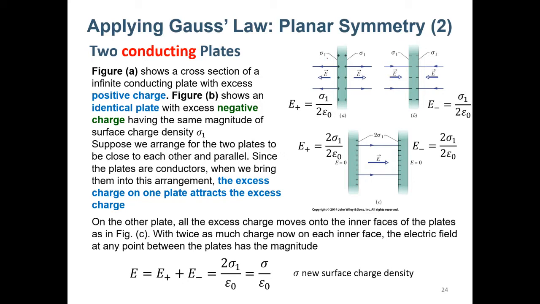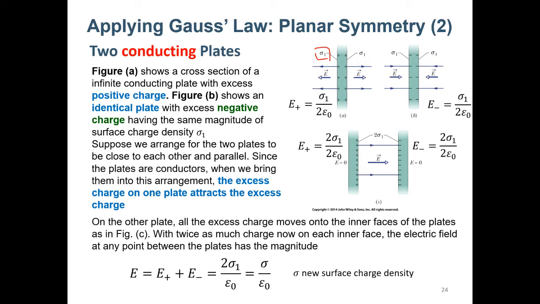We assume that the surface charge density is sigma 1 on both surfaces. Actually, it's not thin, so it should have a thickness. So the charge density on both the left side and the right side is sigma 1.